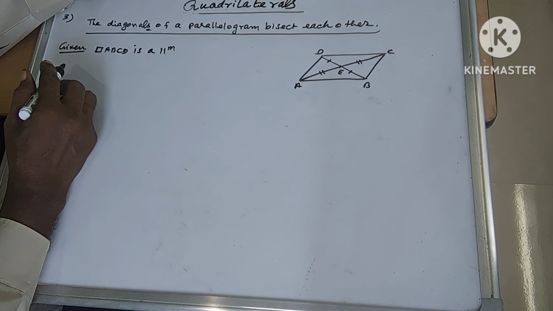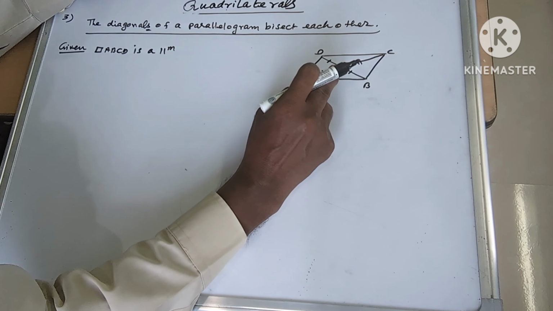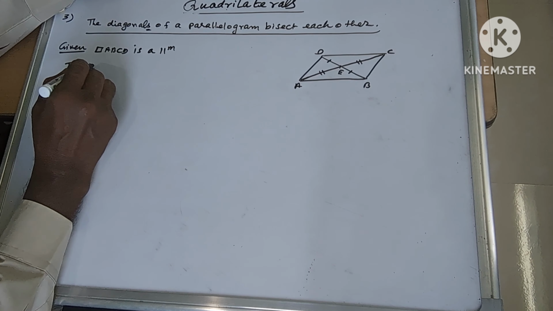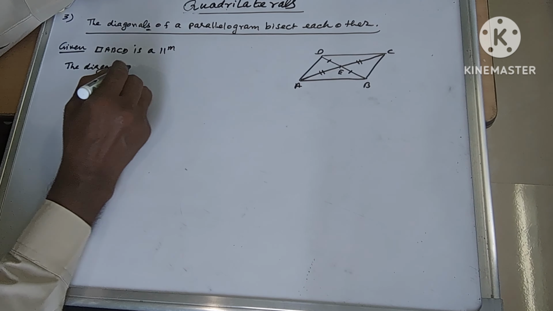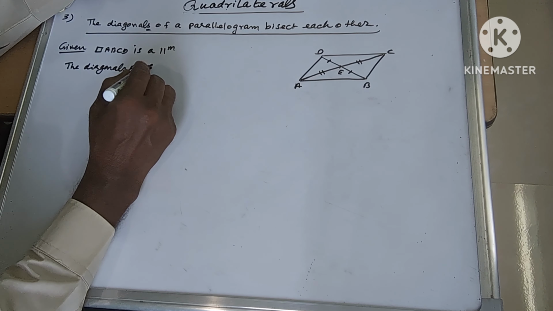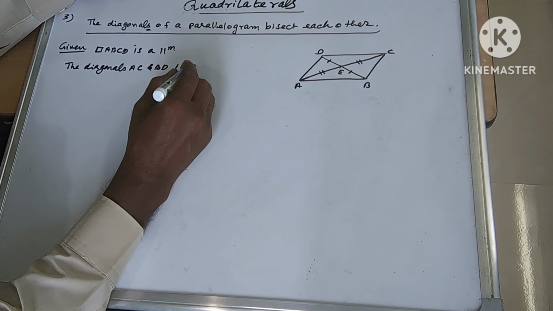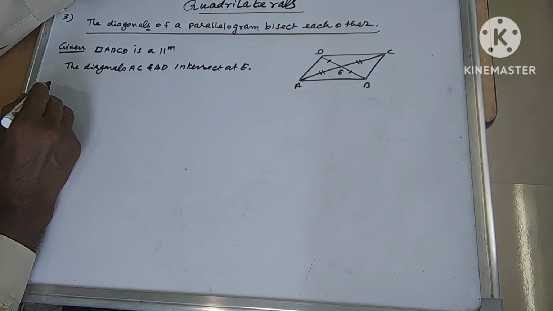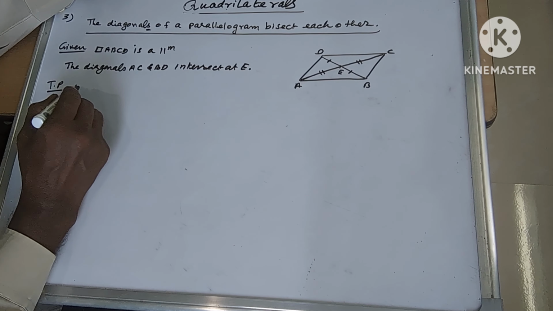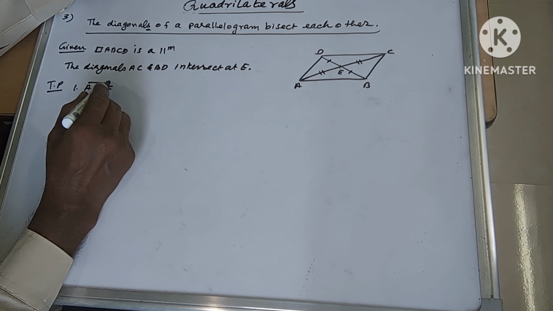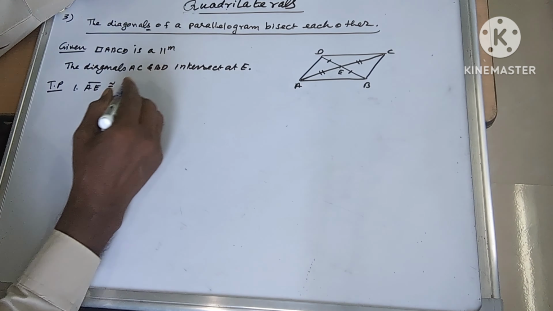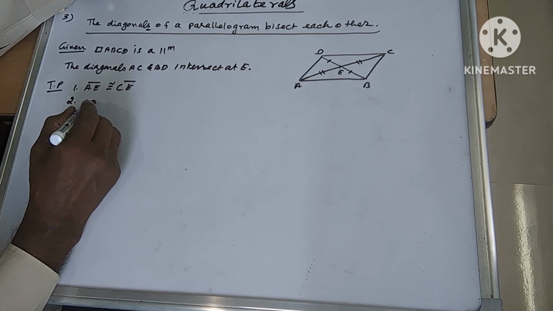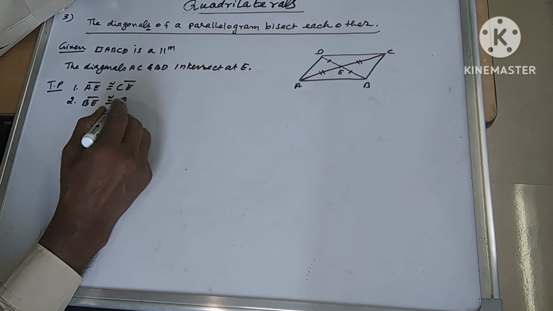And the diagonals AC and BD intersect at E. To prove: first thing, segment AE is congruent to segment CE and segment BE is congruent to segment DE.